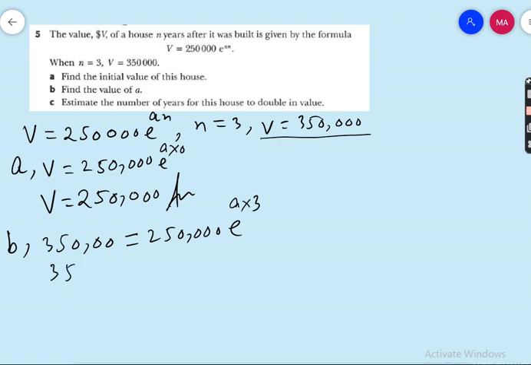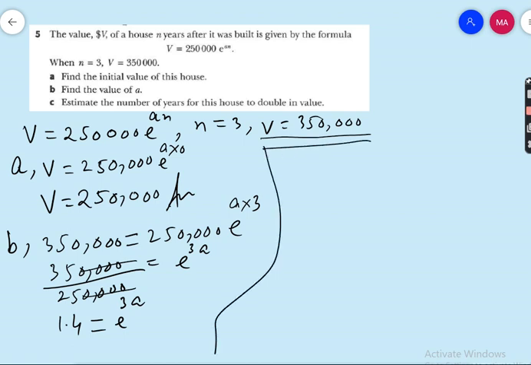So 350,000 divided by 250,000 equals e power 3 into a, which is 3a. So 40 cancel by 40, 35 upon 25 is 1.4. 1.4 equals e power 3a.